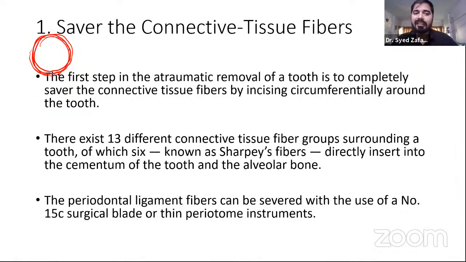We have almost 13 connective tissue fibers which are attached to the tooth, and 6 are Sharpey's fibers. We already know they are inserted into the cementum of the tooth and the alveolar process. So first of all, we will run a blade around the tooth, so it will loosen all the connective tissue.